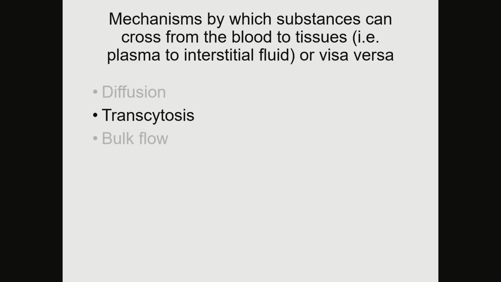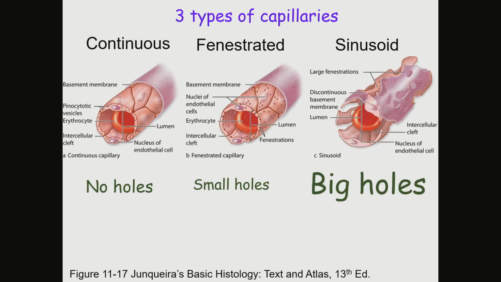Transcytosis is the next one. Another blast from the past, as they say. Remember we have three different types of capillaries: continuous, fenestrated, and sinusoids. No holes, small holes, and big holes, right?